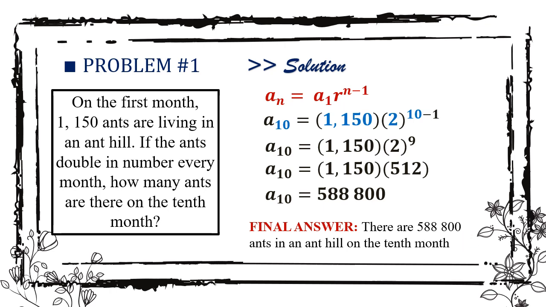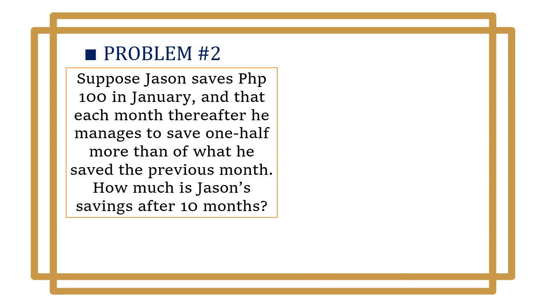Okay, so moving forward to our next problem. Suppose Jason saves 100 pesos in January, and that each month thereafter he manages to save one half more than what he saved the previous month. How much is Jason saving after 10 months?